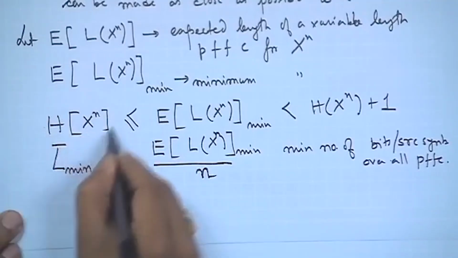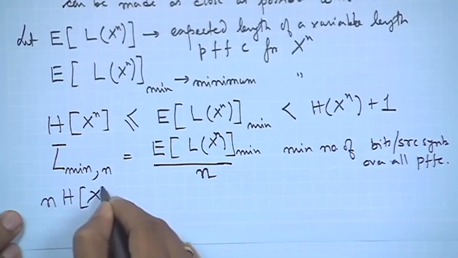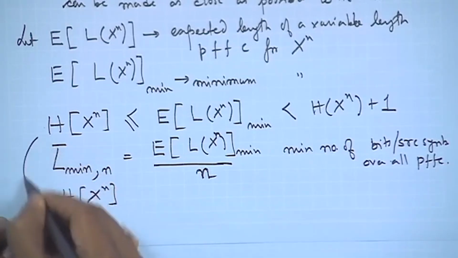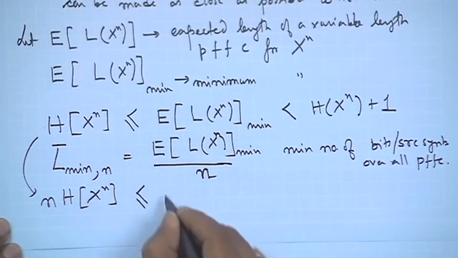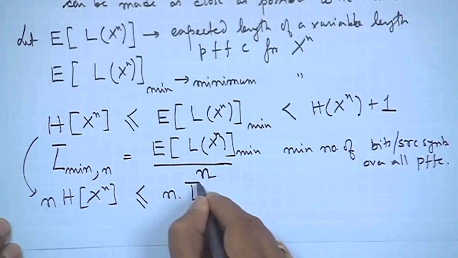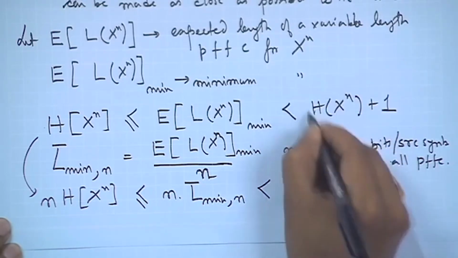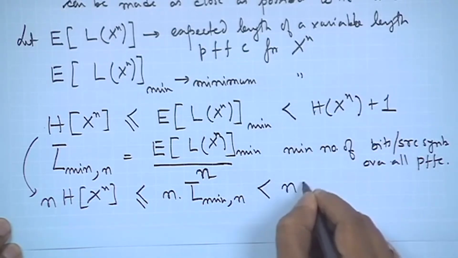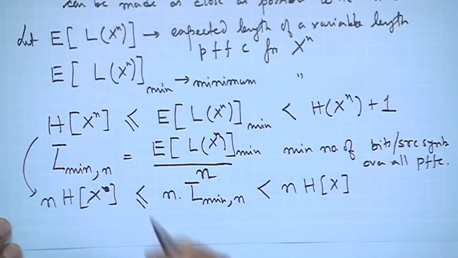So, we have this result already established: n H(X). Instead of this we write this, which is equal to n times L bar min when taking n tuples at a time, is less than, again applying the same result, n H(X) plus 1.